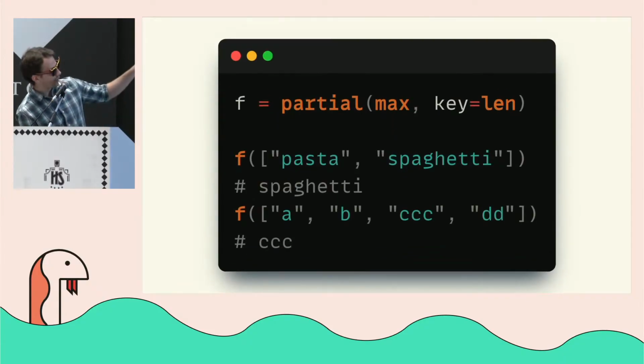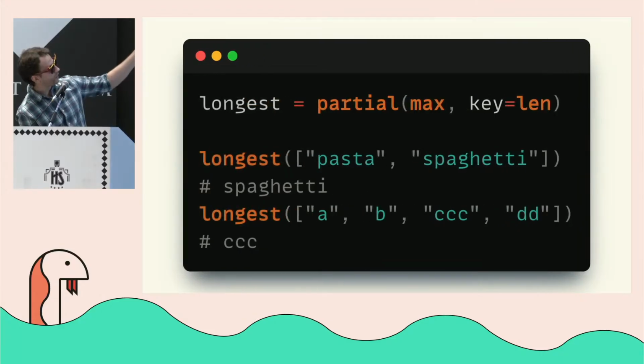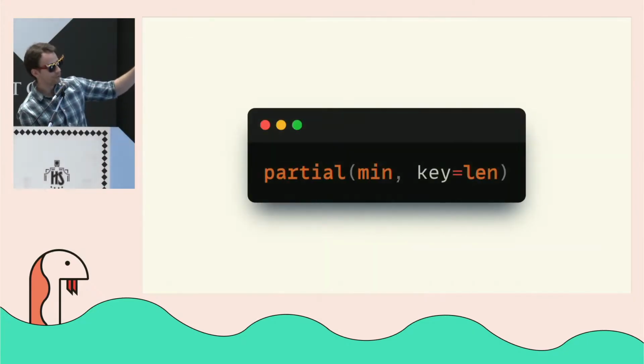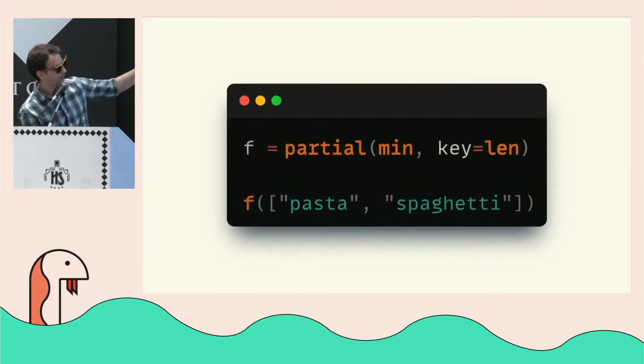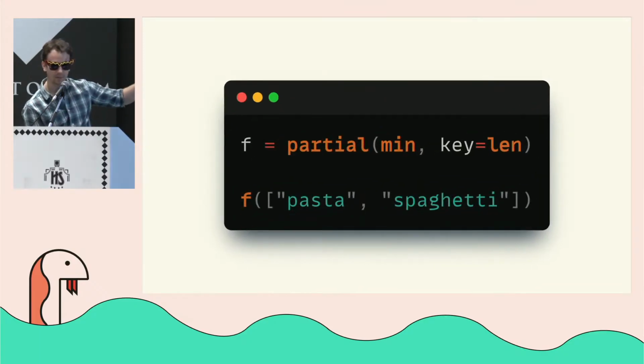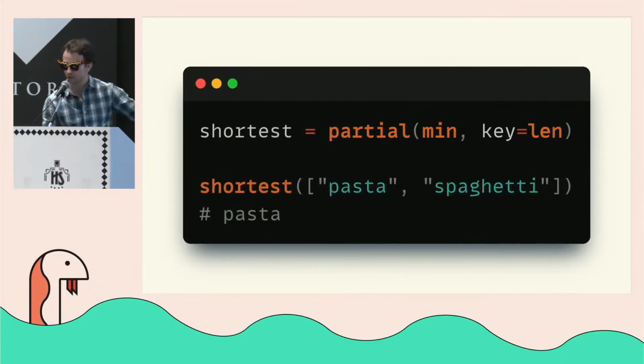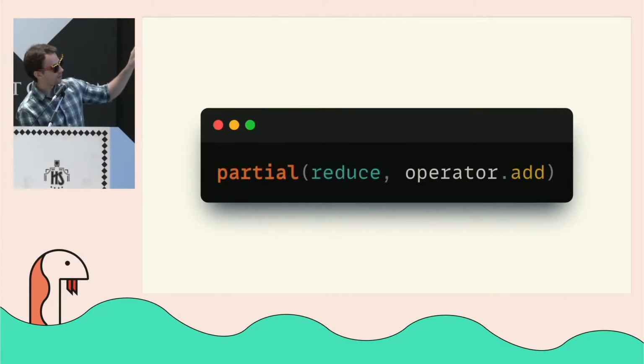So instead of looking at this as a generic f, you could look at it as the longest function. You give it an iterable and it returns the longest one. And if you can do this with max, if you work with min, I'm sure you can guess what's going on. What's the output of this? It's pasta, exactly. So instead of looking at it as a generic f, you can think of it as the shortest function.